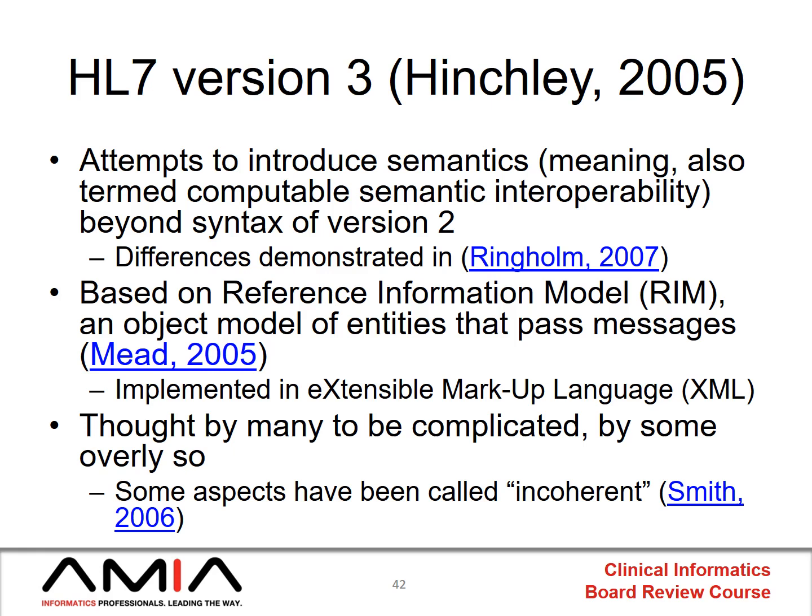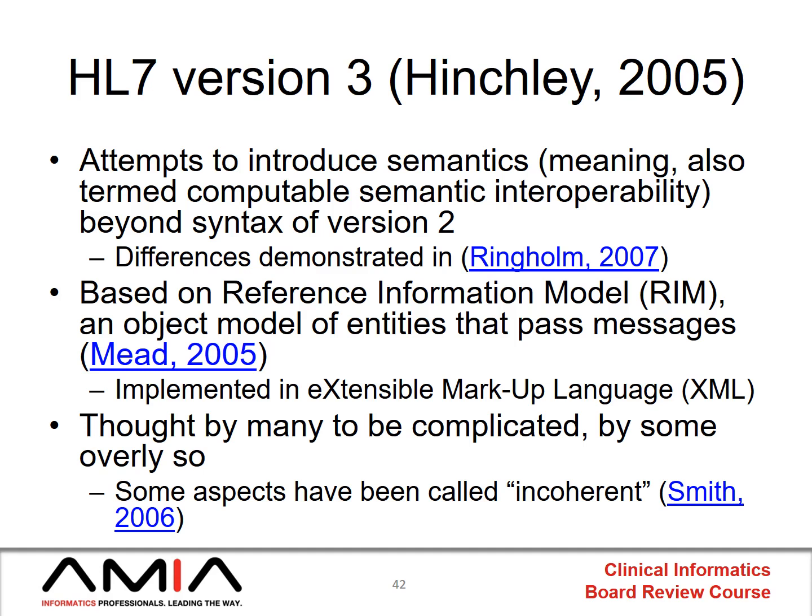The foundation of HL7 version 3 is something called the Reference Information Model, or RIM. It's an object model of entities that pass messages between them, and it's implemented in extensible markup language, or XML.